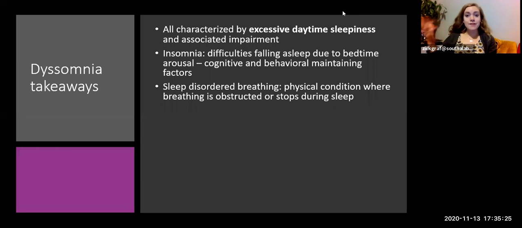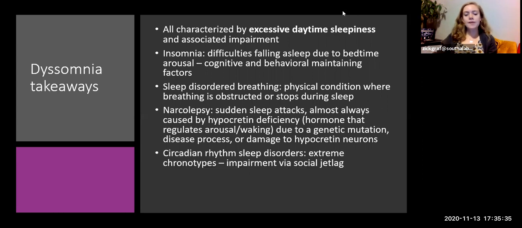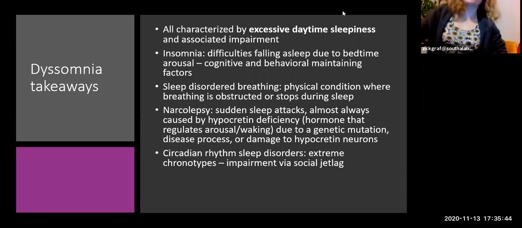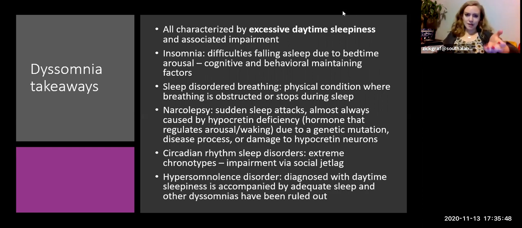Sleep disordered breathing is a physical condition where there's either a physical blockage of the airway or the brain stops telling the body to breathe during sleep. Narcolepsy involves sudden sleep attacks that are caused by hypocretin deficiency. Circadian rhythm sleep disorders are basically just impairment that comes from having a really extreme chronotype, where your daily rhythms are really out of sync with society's daily rhythms. And then hypersomnolence disorder, again, is when excessive daytime sleepiness can't be explained by any of these other causes.